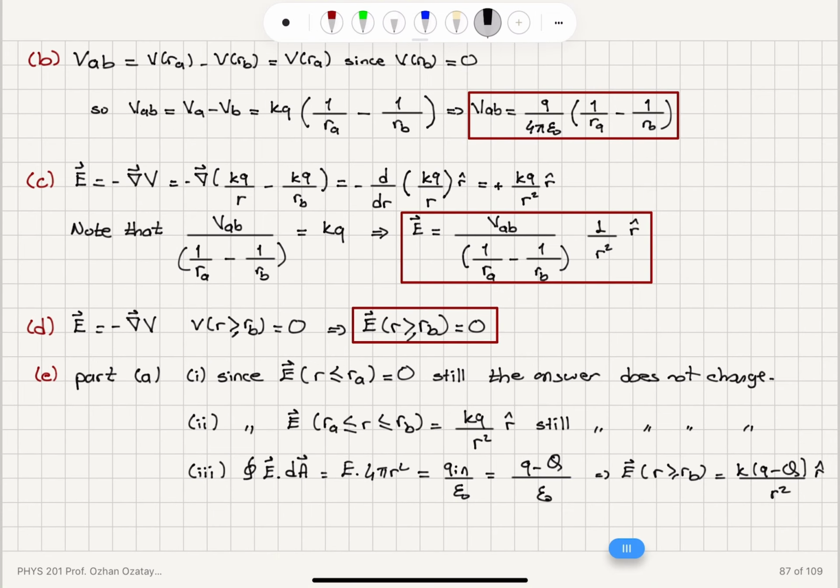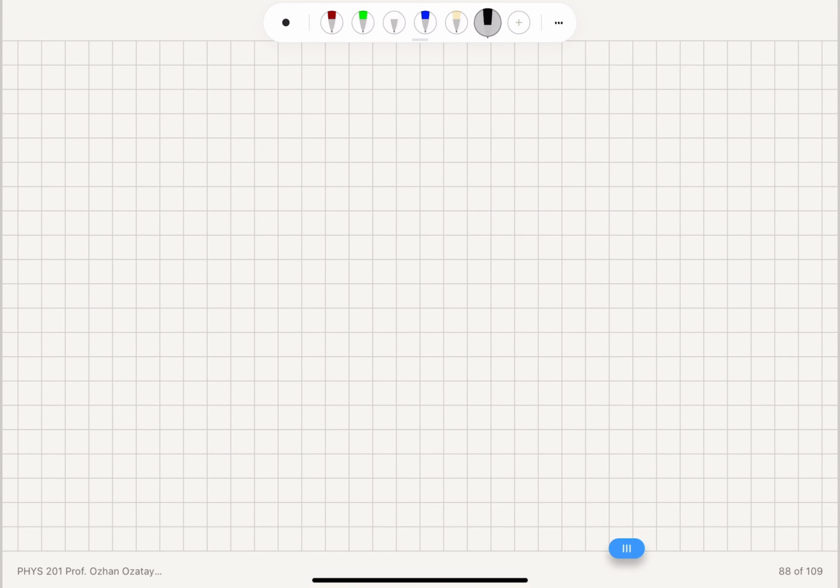So I can basically summarize these results. Since I have found that the electric field in the region R sub A less than or equal to R less than or equal to R sub B, and the electric field in the region R less than or equal to R sub A, do not change, the potential in these regions doesn't change.